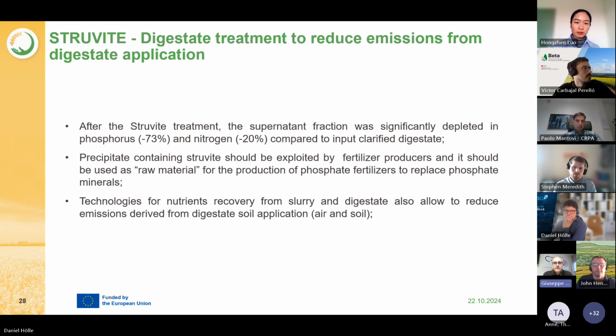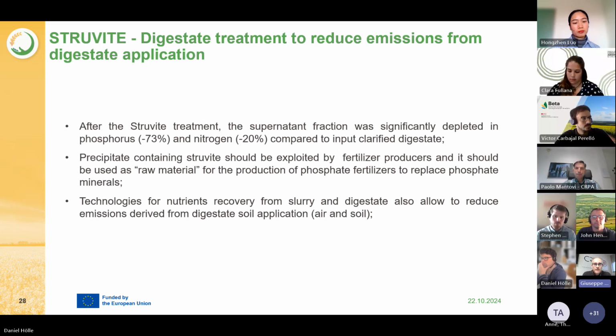After the struvite treatment, the supernatant fraction was depleted in phosphorus and nitrogen compared to the input clarified digestate. Technology for nutrient recovery from slurry and digestate also allows reducing emissions derived from digestate soil application, in air and in the soil, because the processed digestate is more stable and characterized by a lower ammonia nitrogen content.